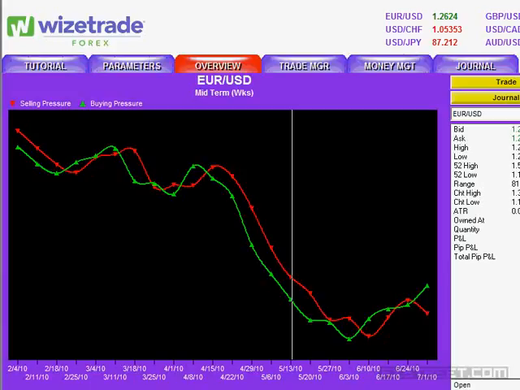Here you can see a couple of price points that may be significant for the euro-dollar retracement, and these price points were $1.2738 and $1.2671.